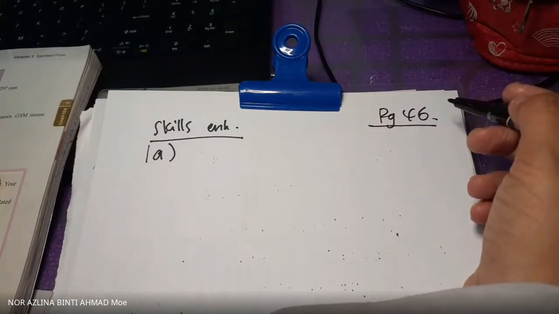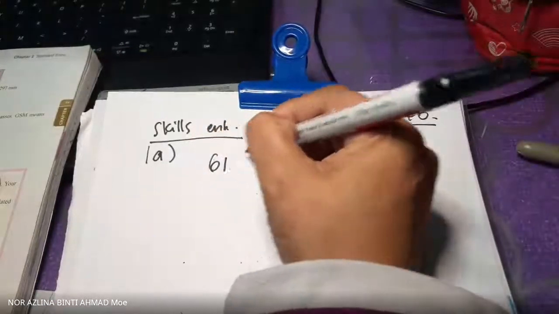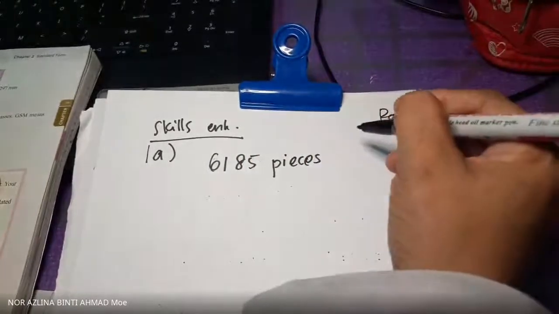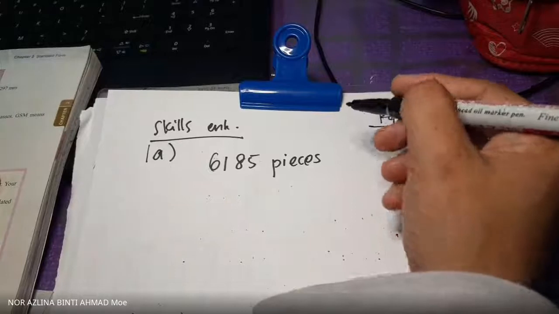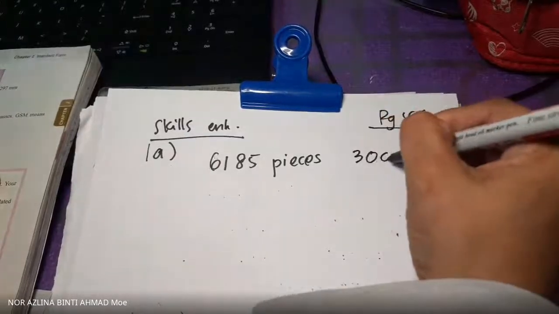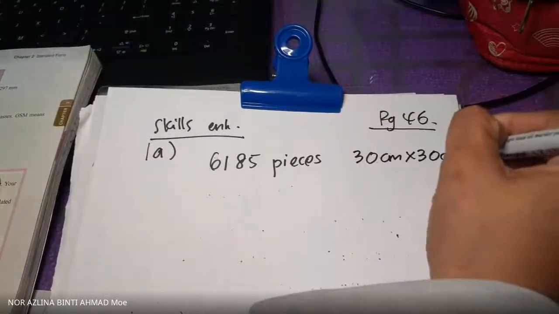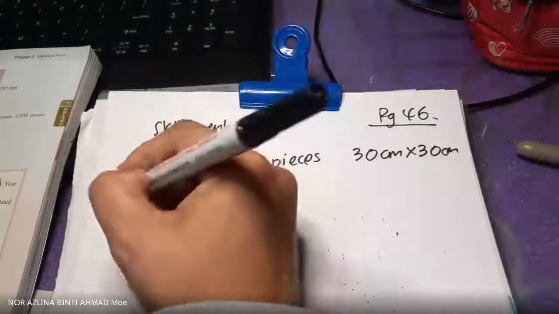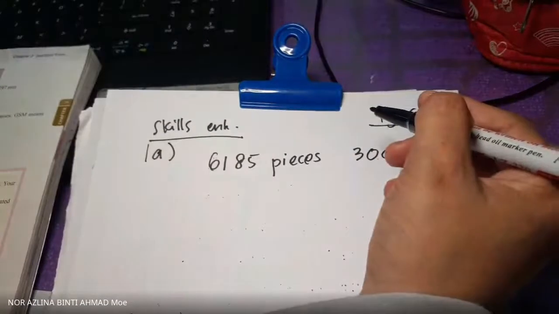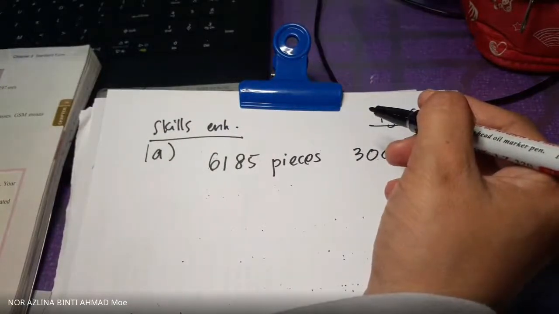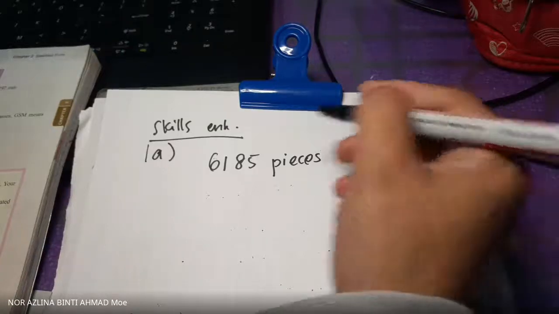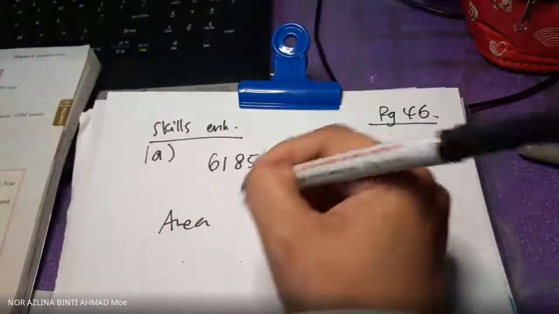Okay, a newly built community hall required 6,185 pieces of tiles measuring 30 cm times 30 cm for the floor. Calculate the area of the floor in square meter. Area lantai.